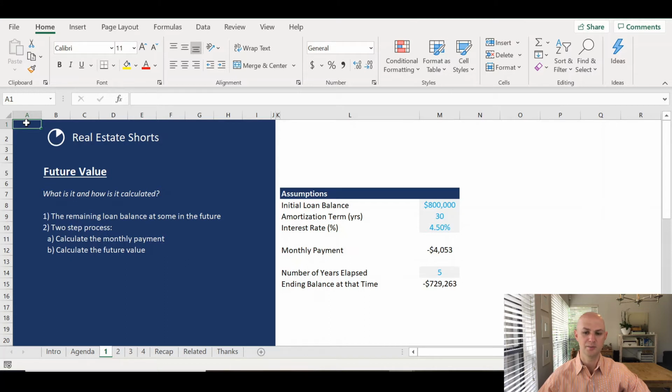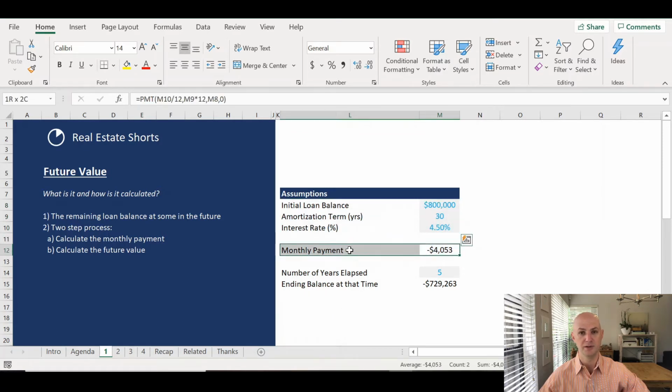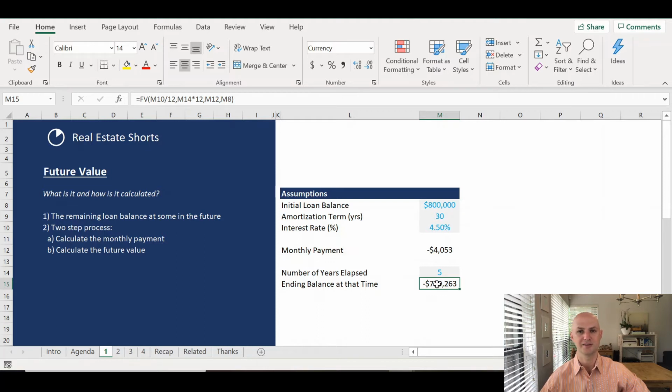So in the example, I'm setting this up as almost that two-step process approach, where given these loan terms, let's estimate the payment. And then from these four loan terms, let's estimate the future value. If you step back and remember all the time value of money calculations, it's always going to be the same. You're given four assumptions and you need to calculate the missing fifth.